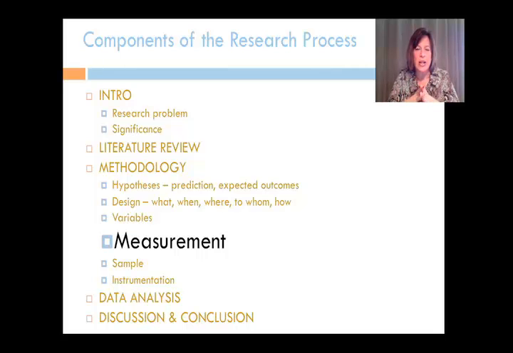And those trade-offs are related to quality, and that is reliability and validity. Those are the criteria for a good design, good measurement, and analysis, which is what Voigt talks about in the textbook.